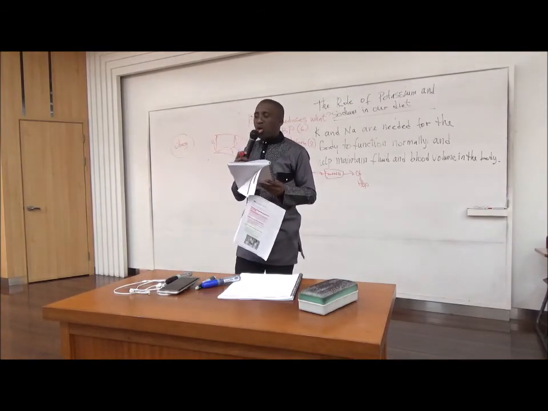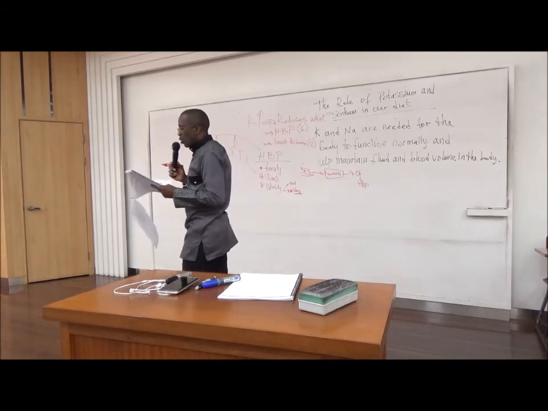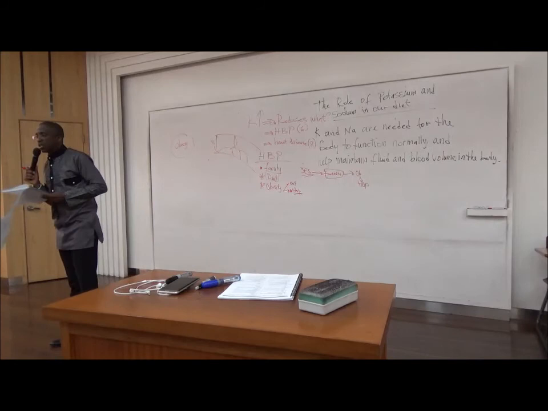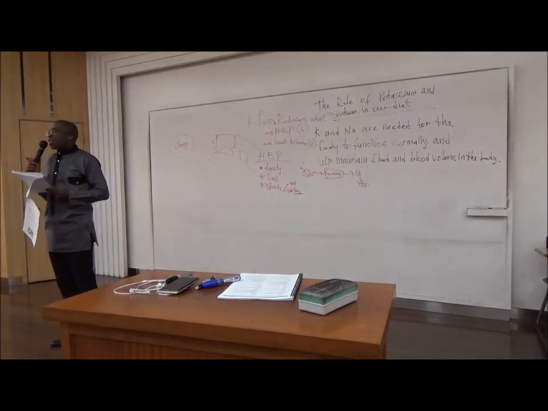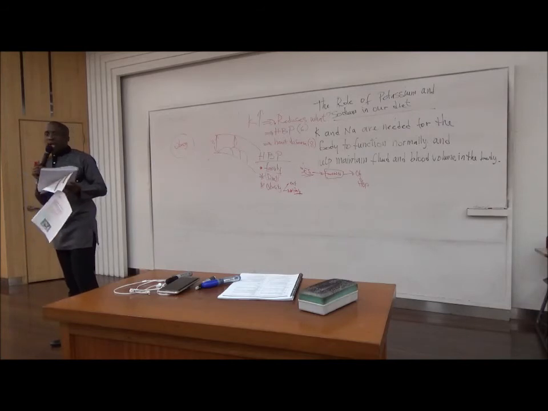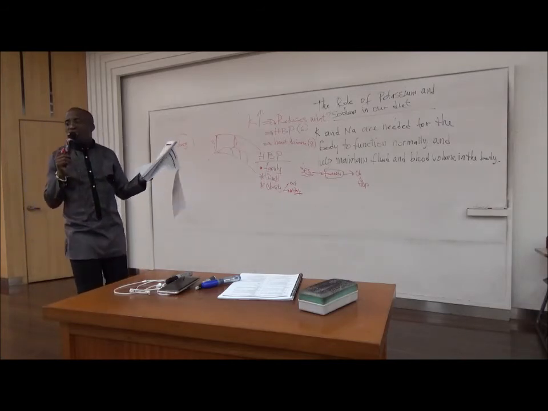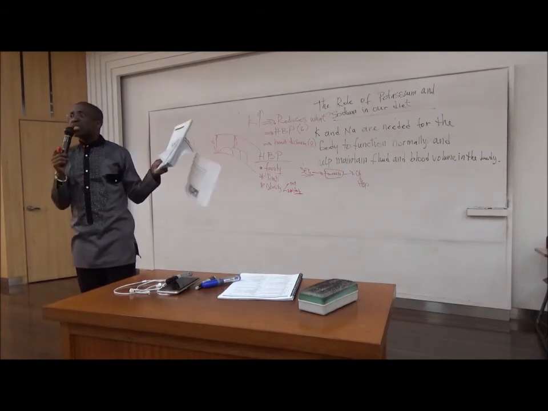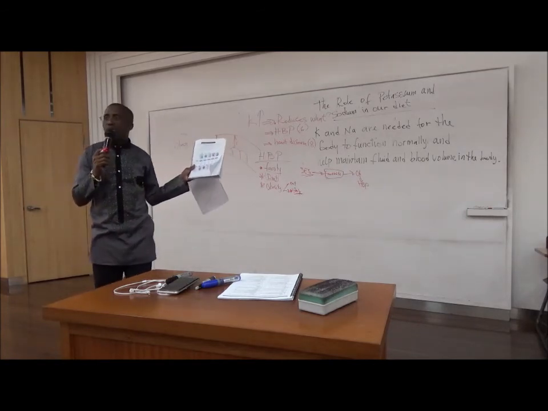Number 2, do not add salt during food preparation, especially if a person has a problem with high blood pressure. Why? I mean, if you're cooking these sausages, they already have a lot of salt on it, right? You can see by the picture, right?